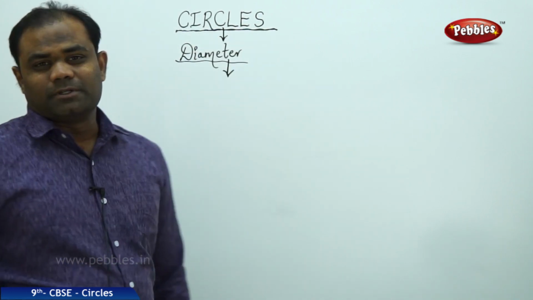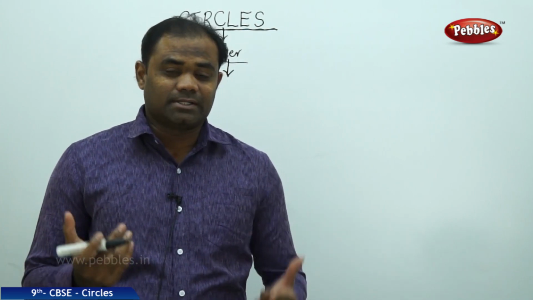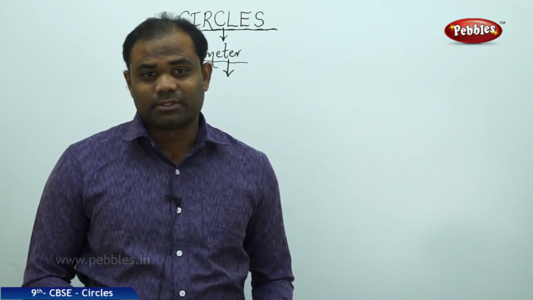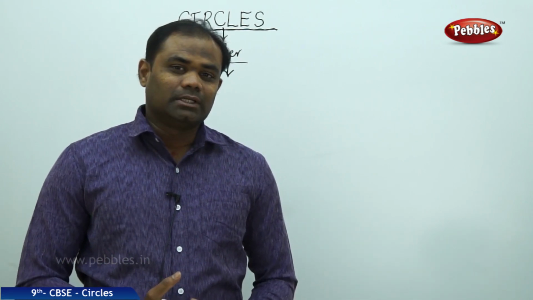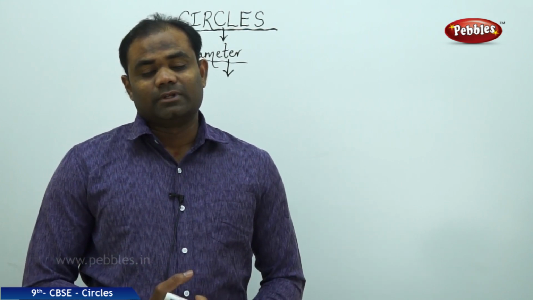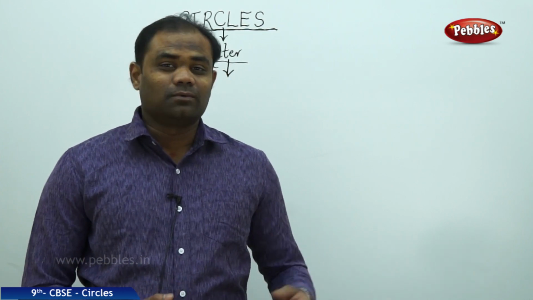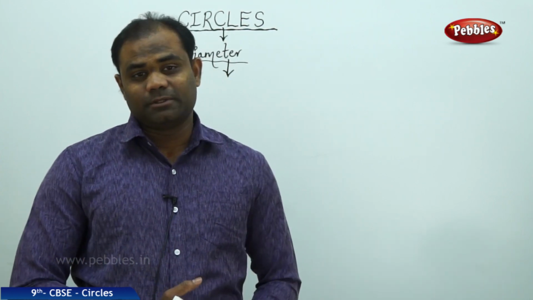So what is a diameter? Now that we have discussed a chord being defined as a line segment which joins any two points on the circle, similarly a diameter has its own definition. So let's see how a diameter is defined and how we connect the chord with the diameter.